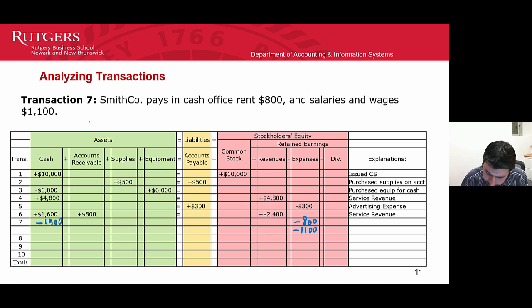Once again, the total, and here we have rent expense and salaries and wages expense. Once again, the two sides of the equation are also equal.